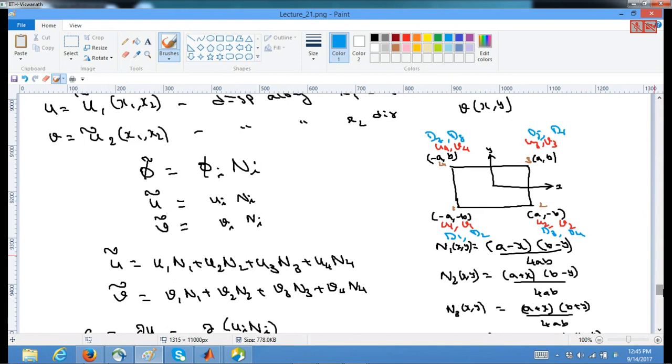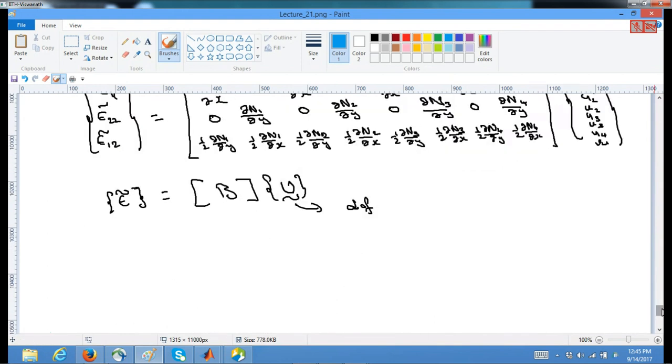And this is the degrees of freedom vector.